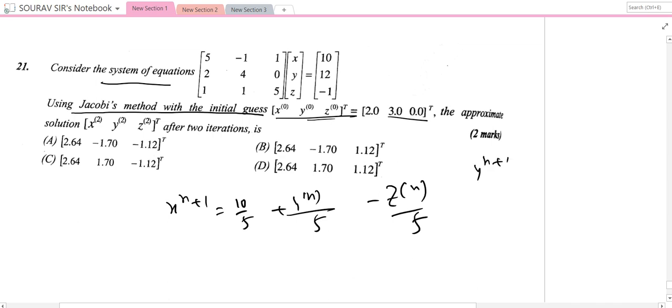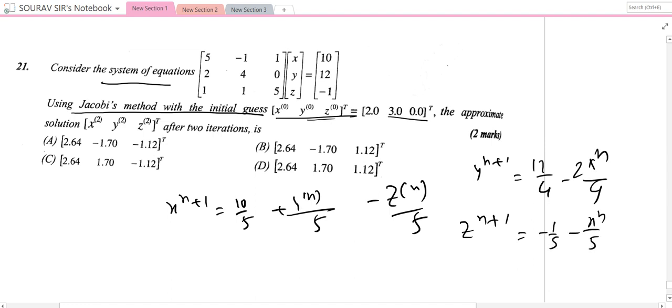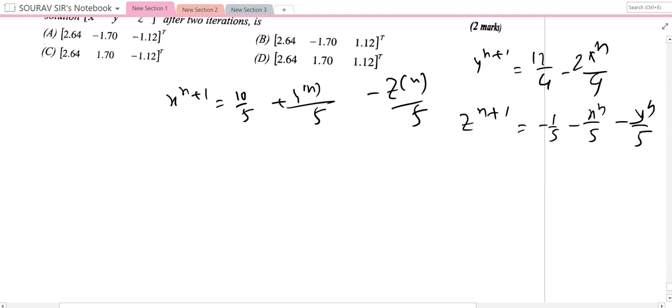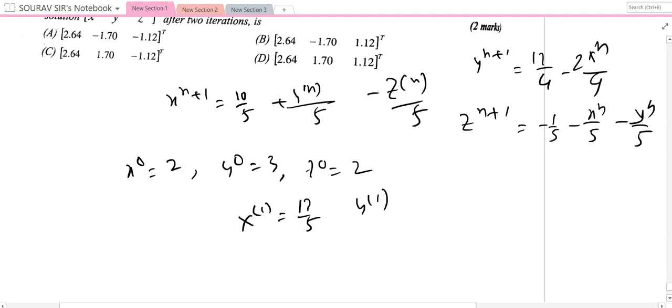So y n plus 1 here is 12 by 4, 2 x n by 4 and z of n plus 1 is minus 1 by 5 minus x n by 5 minus y n by 5. So also given x0 equal to 2, y0 equal to 3, z0 equal to 2. So x1 in this case will be 13 by 5, solving, y1 equal to 2 and z1 equal to minus 6 by 5.